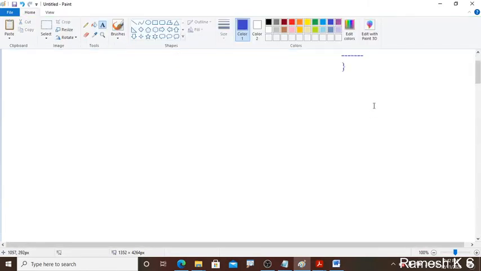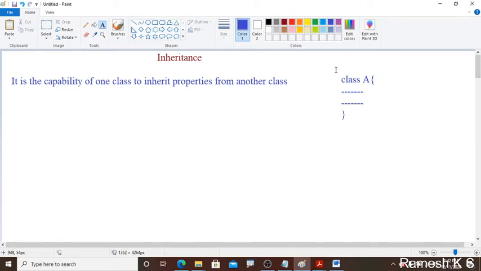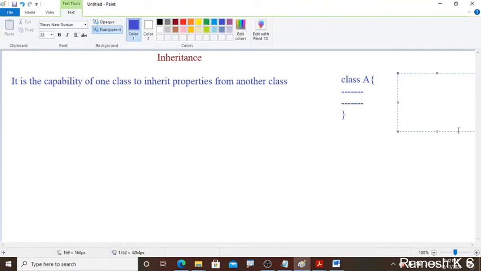So again I am taking another class, class B. Class B having some properties. In object oriented programming we discussed this inheritance concept, but in detail we will learn in this chapter. Okay, inheritance chapter. So now understand the definition.